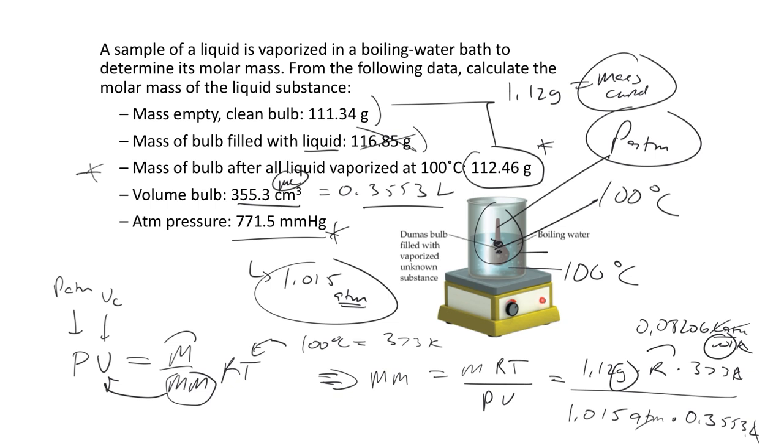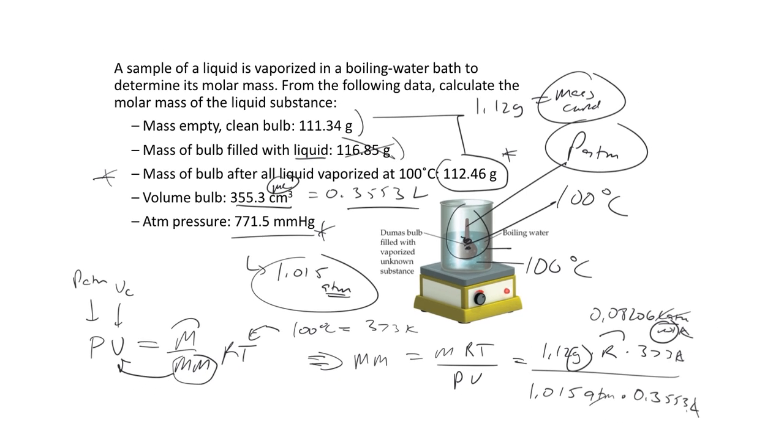So I go 1.12 times the gas constant, 0.08206, times 373 Kelvin, because that was the temperature at which we had the sample vaporized into a gas, the boiling point of water in Kelvin, divide by the pressure, 1.015 ATM, and then divide by 0.3553 liters.